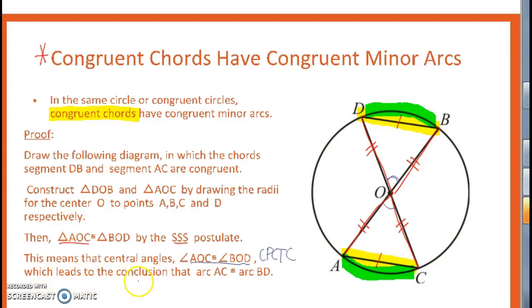That leads us to the conclusion, as we learned last time, that congruent central angles have congruent arc measures. Because arc AC subtends angle AOC and arc DB subtends angle DOB, these 2 arcs are congruent. So again, congruent chords in the same circle or in congruent circles have congruent minor arcs.